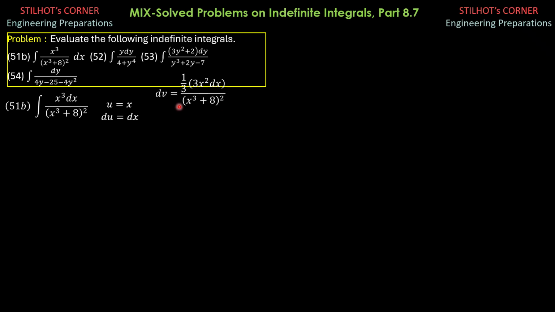So this is in the form 1/3 of quantity u to the negative 2, then du. The integral is 1/3 of u to the negative 1 over negative 1. So that would be negative 1 over 3 quantity x cubed plus 8.